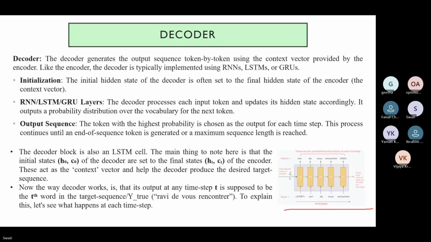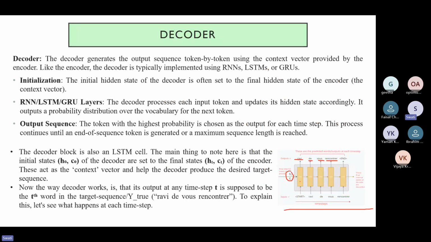This is the input from the encoder, and it produces some output at each timestamp. First this, then this. At each timestamp, it will produce some word. So the initial state of this decoder will be the output of the encoder.